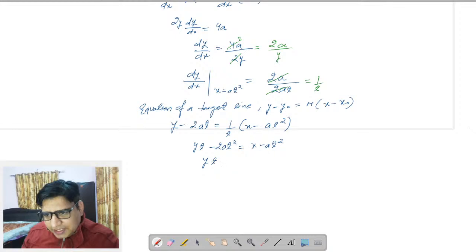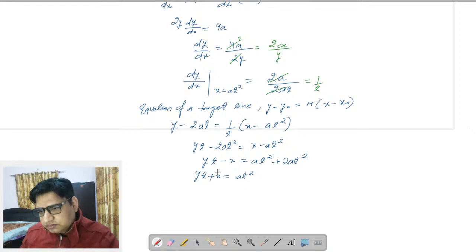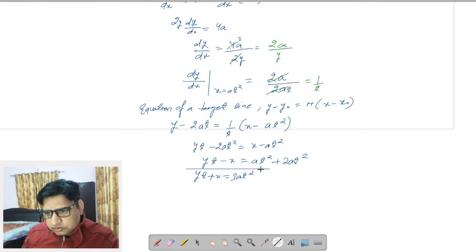So that will be yt minus x is equal to 2at square minus at square, and from here we can simply take at square common, so that is 2 plus 1, 3 at square. This is the required equation of tangent to the curve.